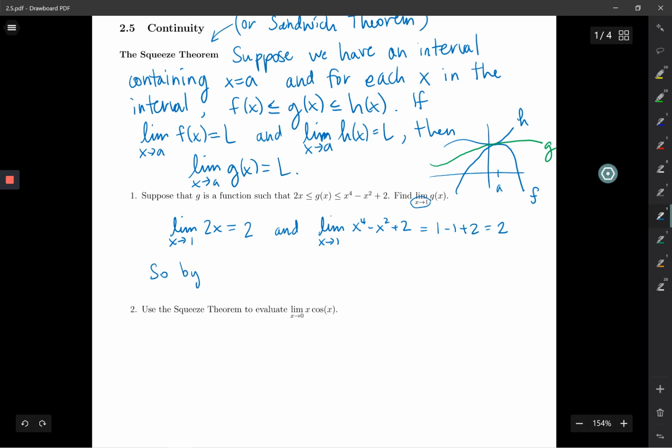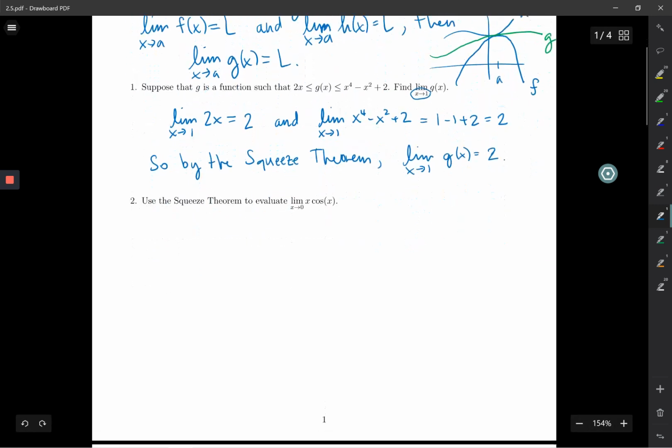Okay, so by the squeeze theorem, without knowing any other information about the function g, we can say that the limit as x goes to 1 of g of x is equal to 2. Alright.